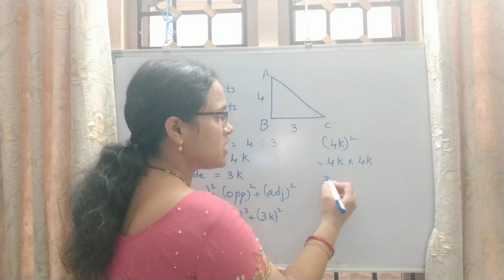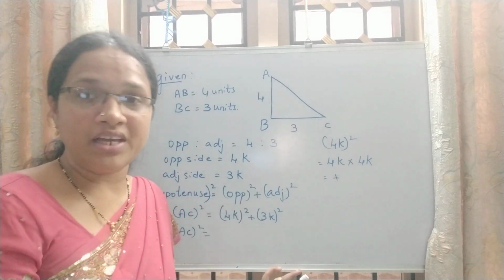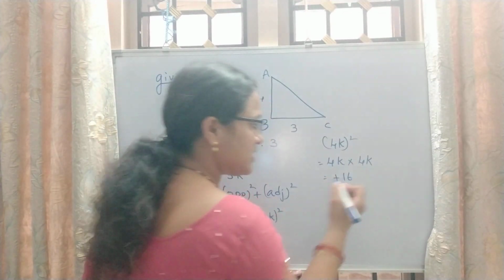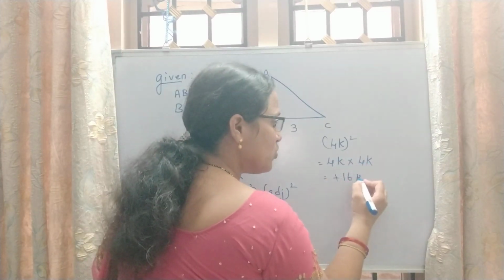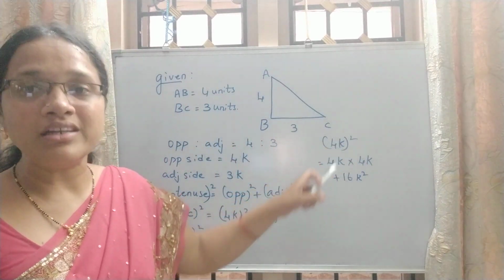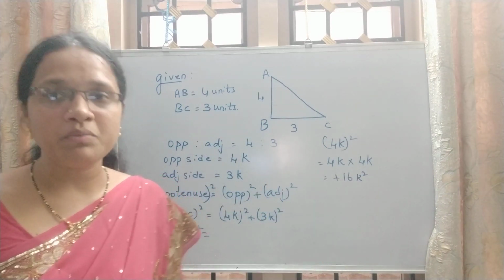Both are plus, so the answer is also plus. Then I go for the numerical multiplication, 4 into 4 becomes 16, and then the variable multiplication, k into k gives you k square. This is how you get the right answer when you multiply numbers that have variables with them.